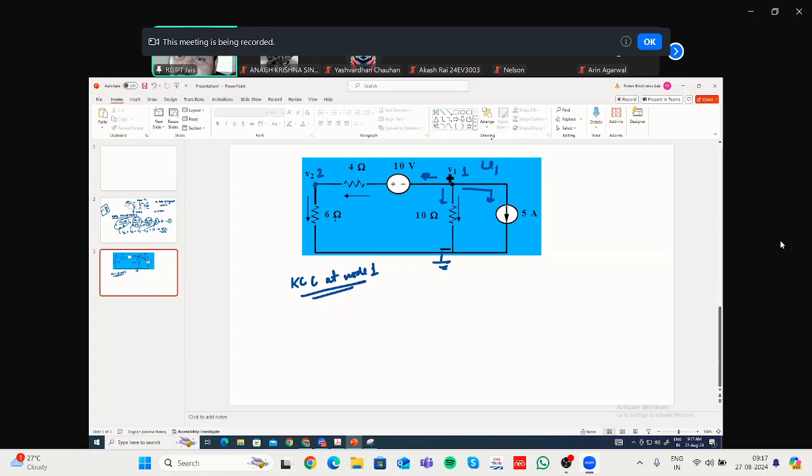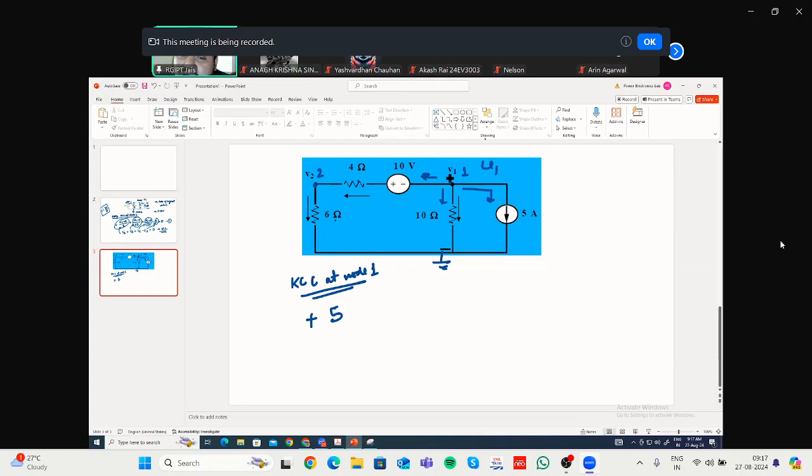If you consider this branch, there is already a current source, and the current source itself gives the value and direction. This current is moving out, so it is a plus sign, and the current is 5. Then through this branch there is only a resistance.